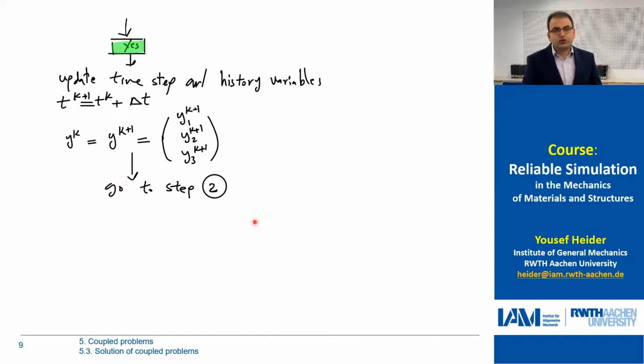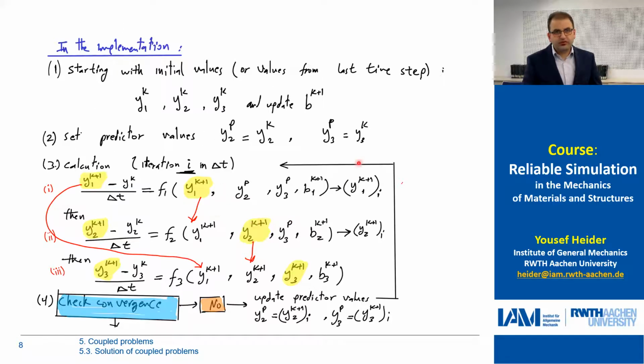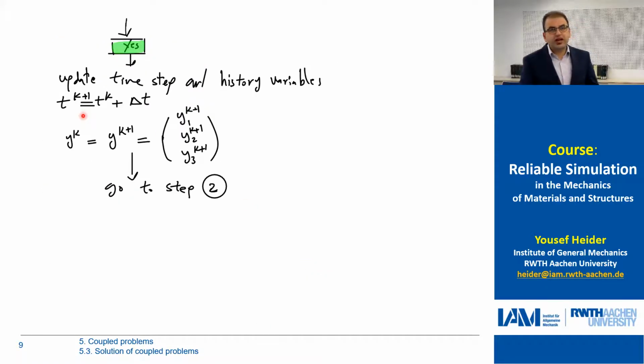And then we go to step number 2. It means we put this here as a predictor, and then we continue with the same steps until the time becomes the final time, and then the computation will be terminated. Okay, so this is how the staggered scheme works.